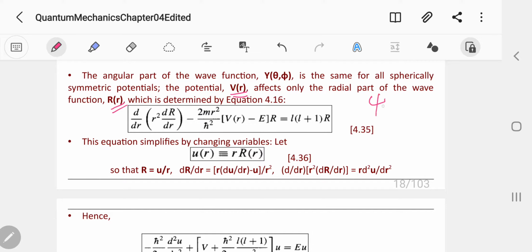Remember, phi of r, theta, phi is just equal to R of r times Y of theta, phi. So the potential only affects the radial part.